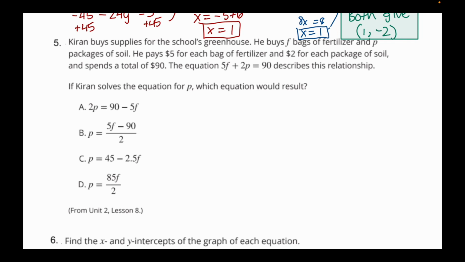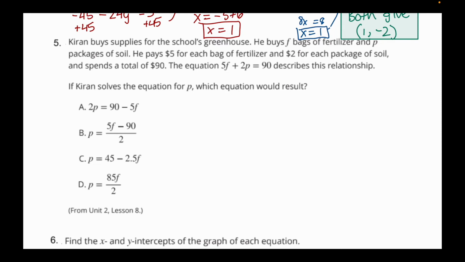He buys F bags of fertilizer and P packages of soil. It's $5 for each bag of fertilizer, $2 for each package of soil, and he spends a total of $90. And then they're giving us an equation. The equation 5F plus 2P equals 90 describes this relationship. So if Kieran solves the equation for P, what is the result?